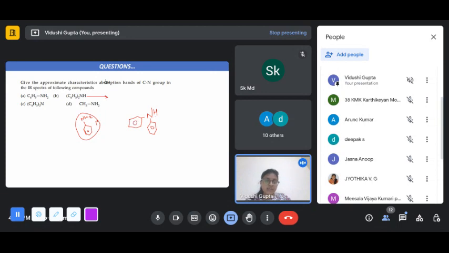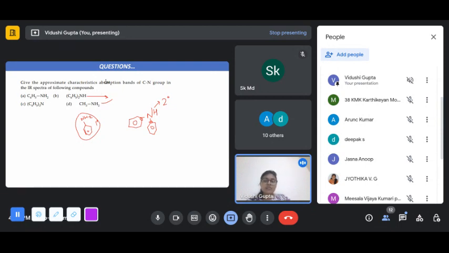So basically here nitrogen is attached to two carbons, here 1 and 2. So this is a secondary amine. It's diphenyl amine. Similarly here triphenyl amine, and it's CH3NH2. So what will be the absorption band of CN in all these cases?